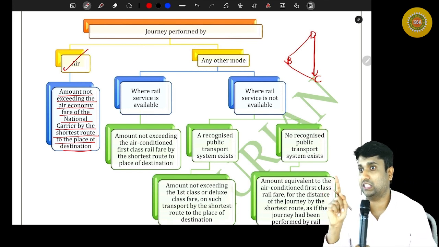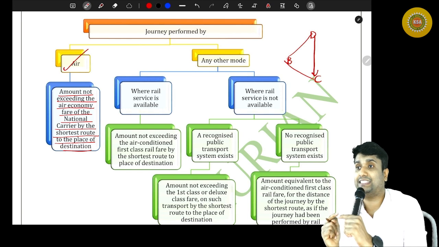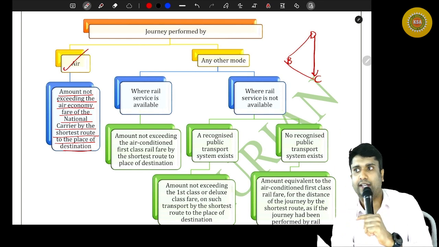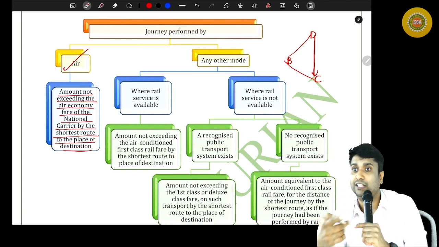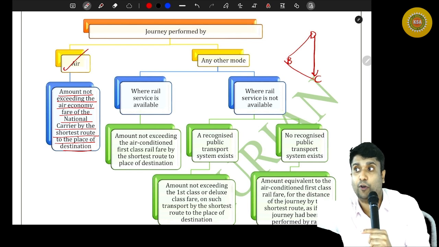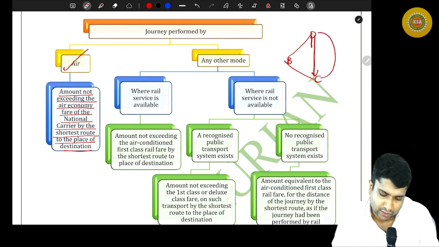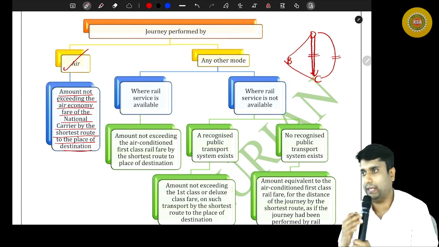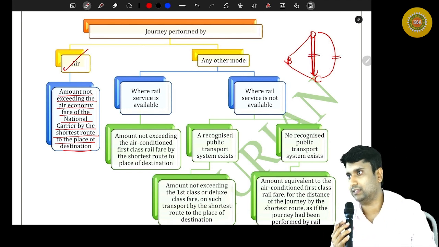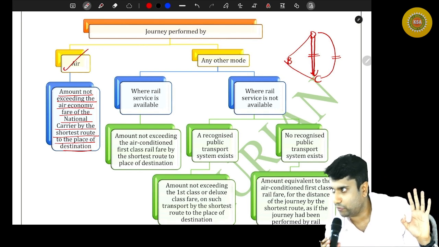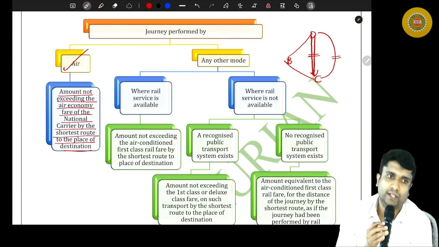No. You start from your origin and check which is the farthest point. Delhi. So the flight cost to Delhi and back is the maximum exemption that you can claim. That too economy ticket, not business class and all.